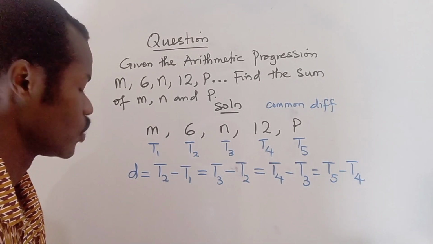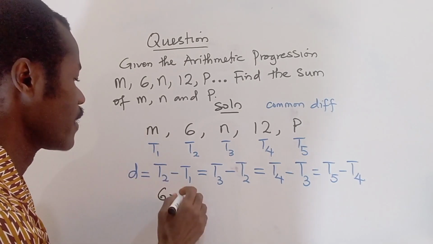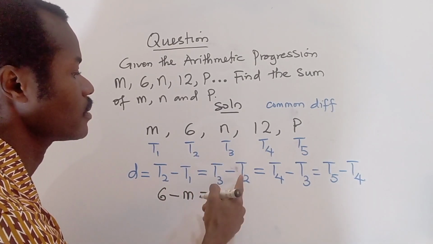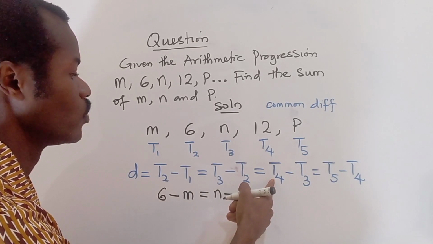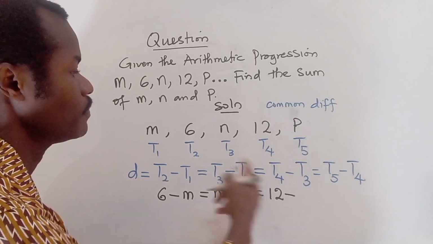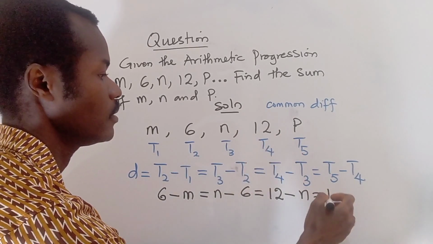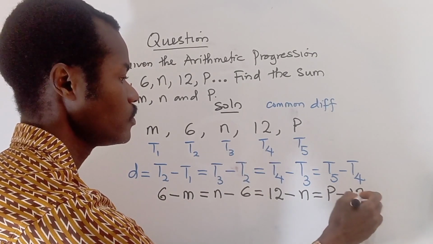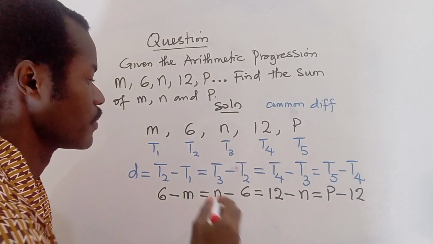I have 6 minus M, which is equal to T3, which is N, minus the second term, 6, which is equal to T4, which is 12, minus the third term, N, which is equal to T5, which is P, minus the fourth term, 12.